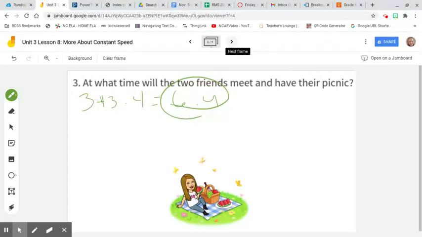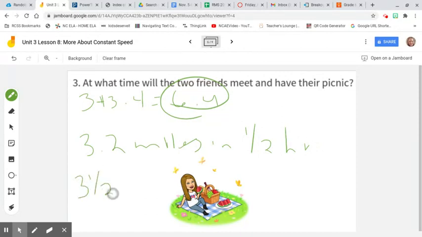So if we were to try to figure out how far they are going in a half an hour, then I can take half of the 6.4. 6.4 divided by 2. So they walk 3.2 miles in a half an hour. Okay. So that will put us at 3.5 hours.